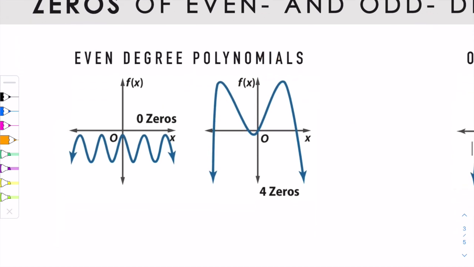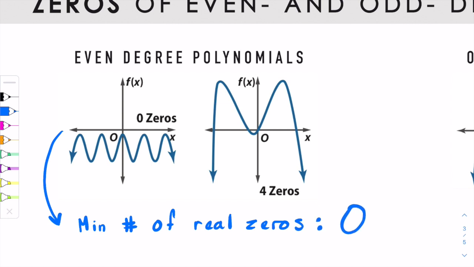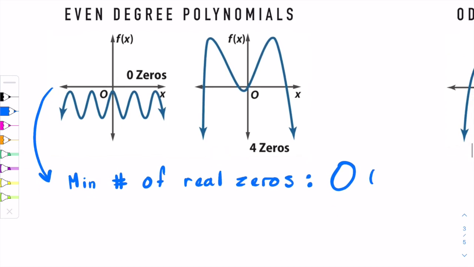So the rule tells you that if you have an even degree function, the minimum number of real zeros is 0. It doesn't ever have to cross the x-axis, and you have no real zeros. So 0 or none.